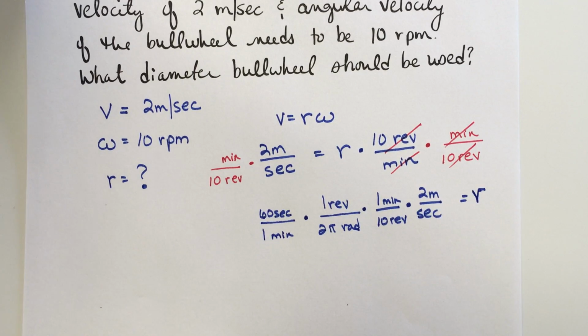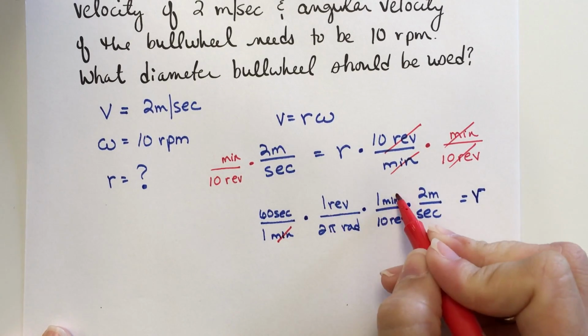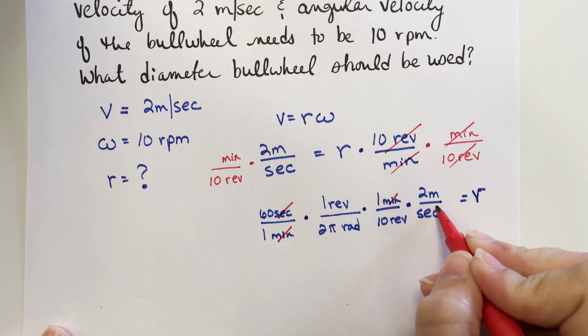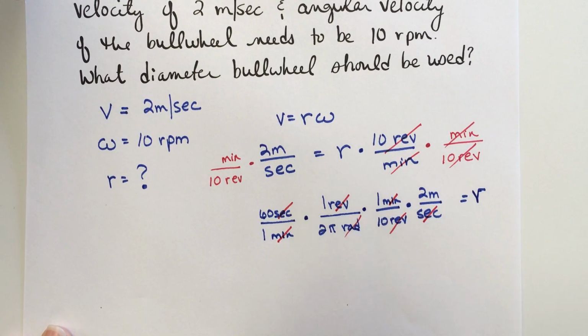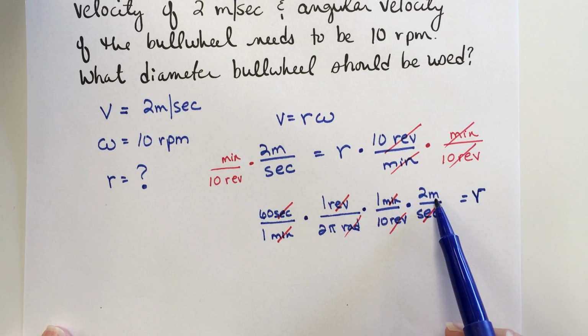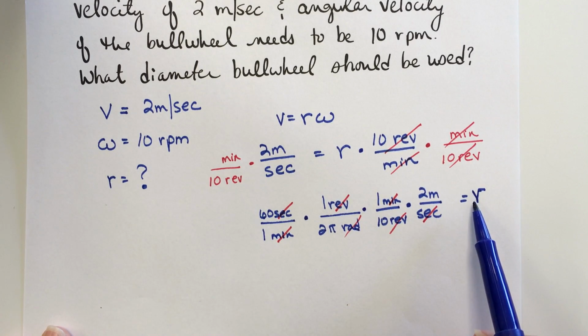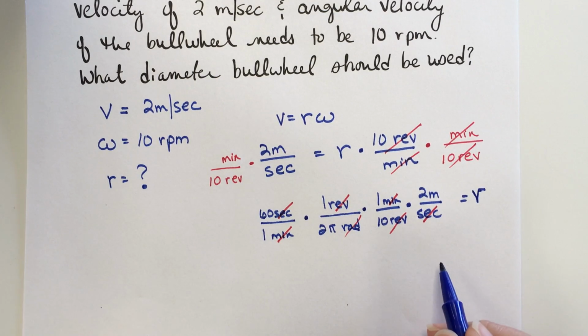Okay, so I think that's everything I've got to multiply by. So minutes cancel, seconds cancel, revolutions cancel, and you remember you get to ignore the radians if you don't need it. So the only unit I've got left is just the meters, which makes sense when you're finding radius, okay?